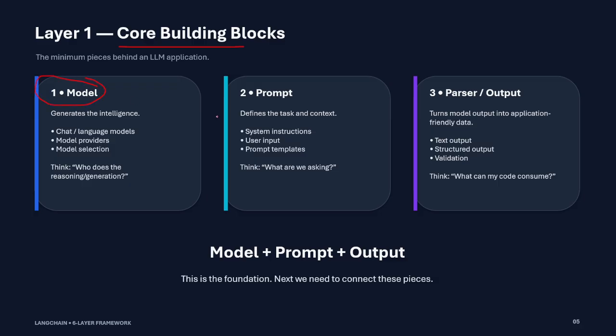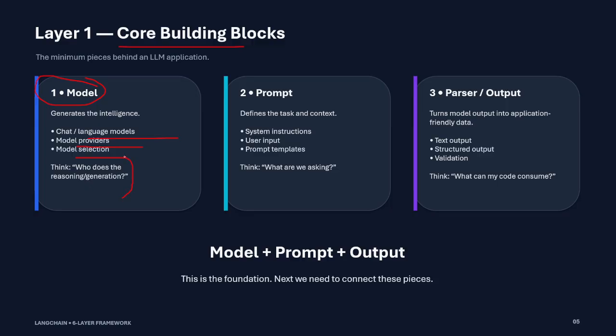The model is basically the brain of the system, where we can chat and talk with language models. There are multiple model providers like Azure OpenAI, Gemini, ChatGPT, Anthropic. There are multiple model selections. How are we going to select the model?